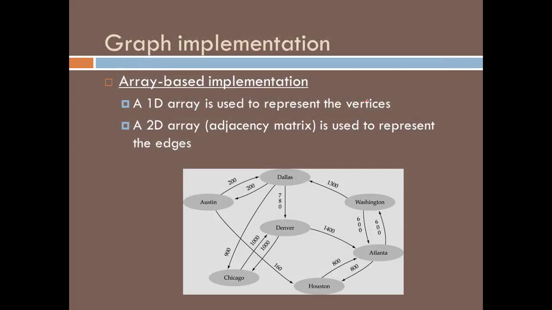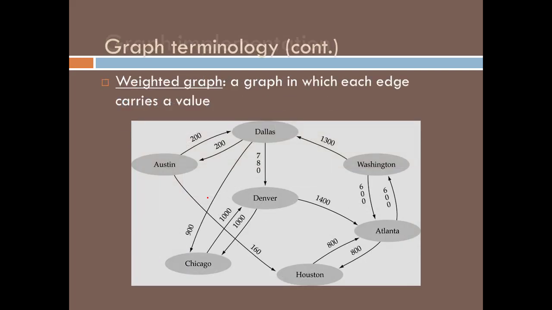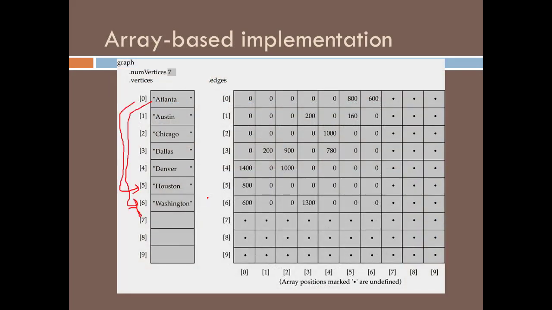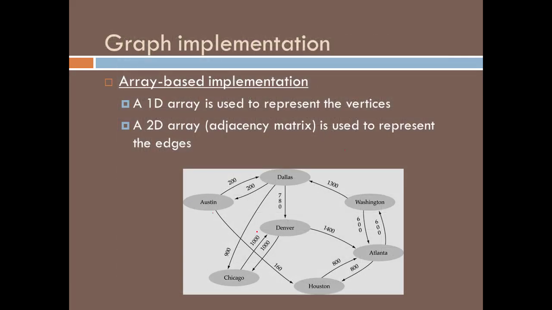So if we look at the previous slide, Austin is connected to Dallas and Houston. Oh sorry, this is not Austin but Atlanta. It's connected with Washington at 600, and Atlanta to Houston is 800.